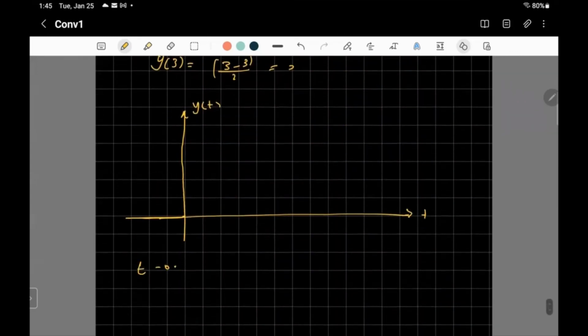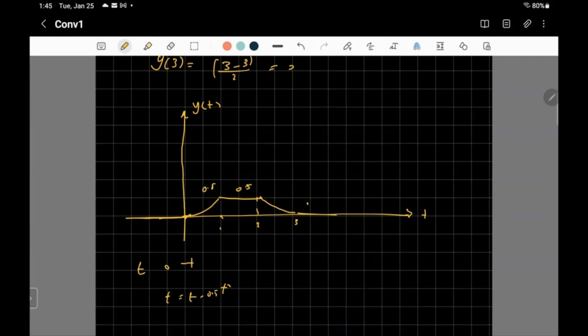If you put t equal to 0, you get 0, and if you put t equal to 1, 1 minus 0.5, it will be 0.5, something like that. To reach 0.5, then 0.5 up to 2, and from 2 to 3 it goes back again to 0. That will be the response, y of t.